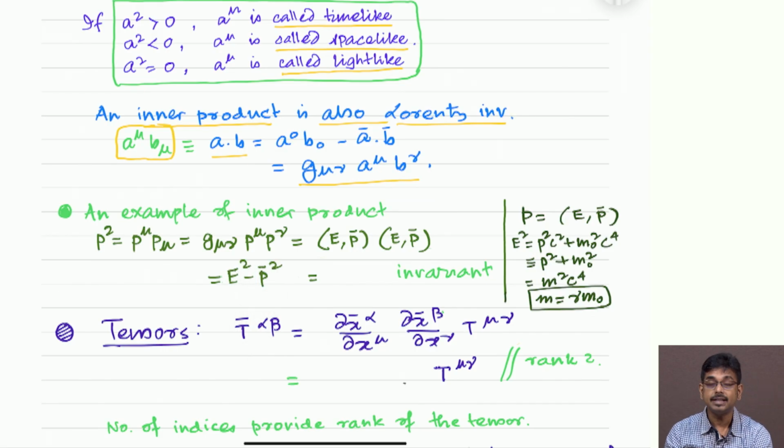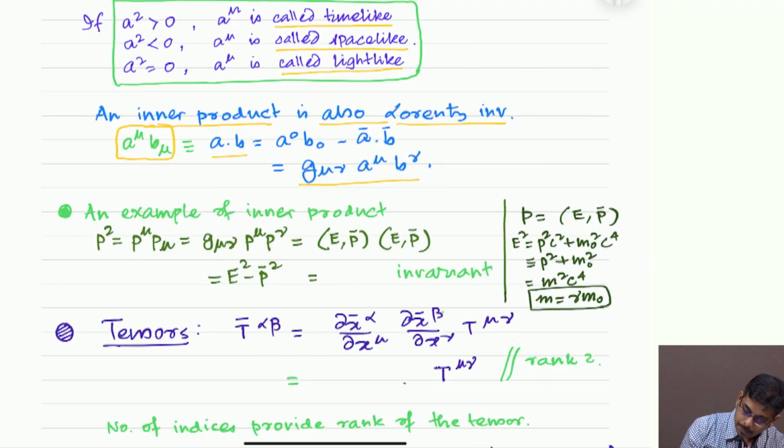Now, why E square minus p square? Remember, this g mu nu has this 1, minus 1, minus 1, minus 1. So, whenever a contravariant p mu is E comma p, then p mu with the Lorentz index sitting down will be simply E comma minus p, and that is precisely the reason that we have E square minus p square.